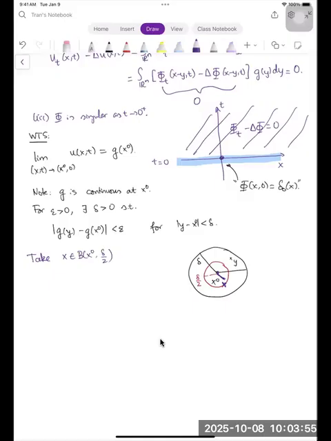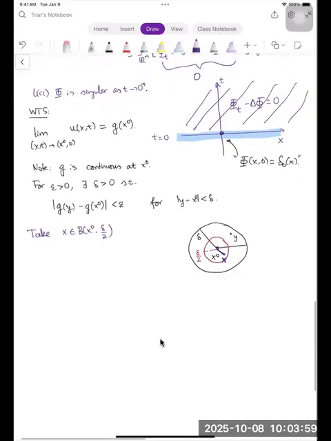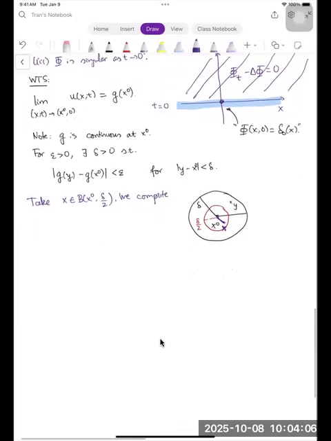Now I want to evaluate the difference, so we compute. What's the difference between u(x,t) minus g of x naught? u(x,t) is given to us as a convolution of the fundamental solution with the initial data, and we subtract the initial data itself.